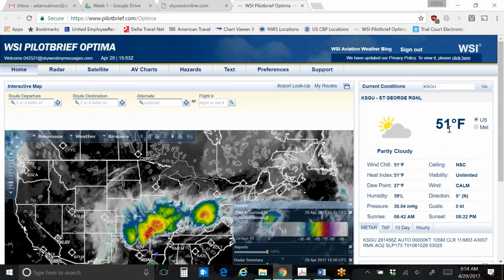On the far right side here, right now we're 51 degrees Fahrenheit, 11 degrees Celsius. Okay, so we're at 2,800 feet here. When you are talking about aircraft performance, you always lean on the side of penalizing it more than helping it.